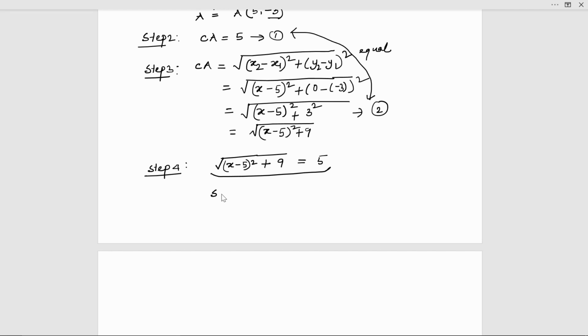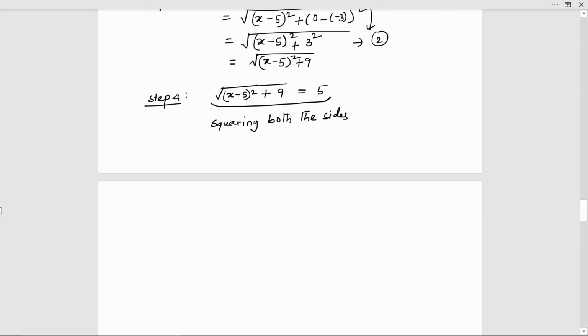Now squaring both the sides, we have x minus 5 square plus 9 equal to, this is 25.